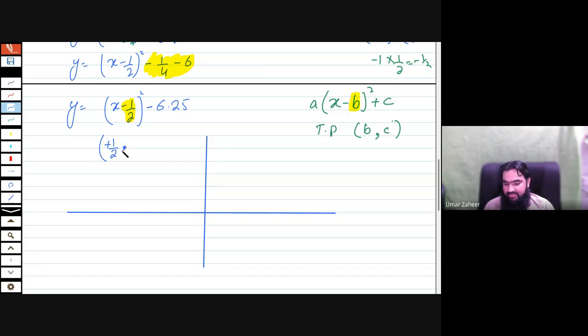The coordinates are (1/2, -6.25). These are the coordinates of the turning point. Just please note down this formula: a(x - b)² + c. By this way, you have to find the turning points. Yes, everyone, please note down this one.